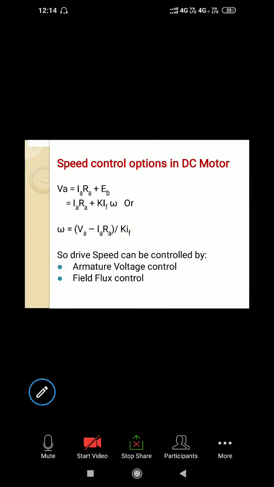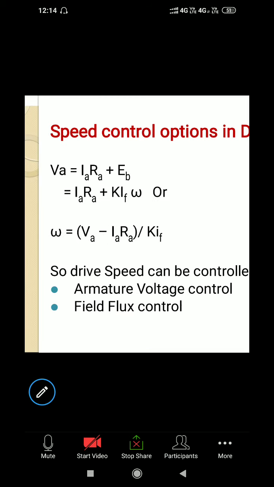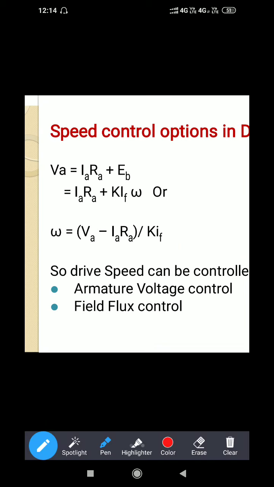So here you can see the voltage equation is given by VA equals IARA plus EB. VA is the armature voltage, IARA is the armature voltage drop, and EB is the generated back EMF in the armature winding.